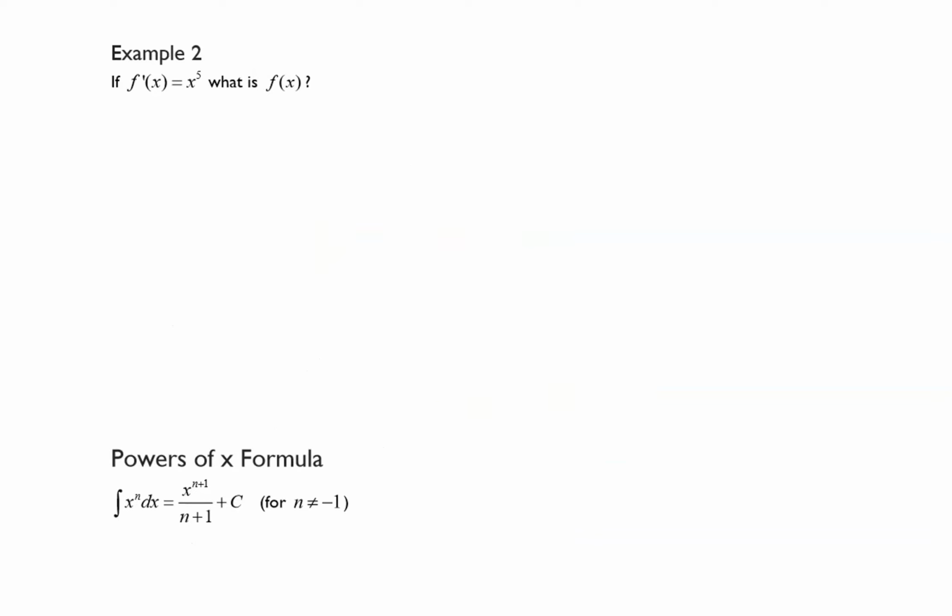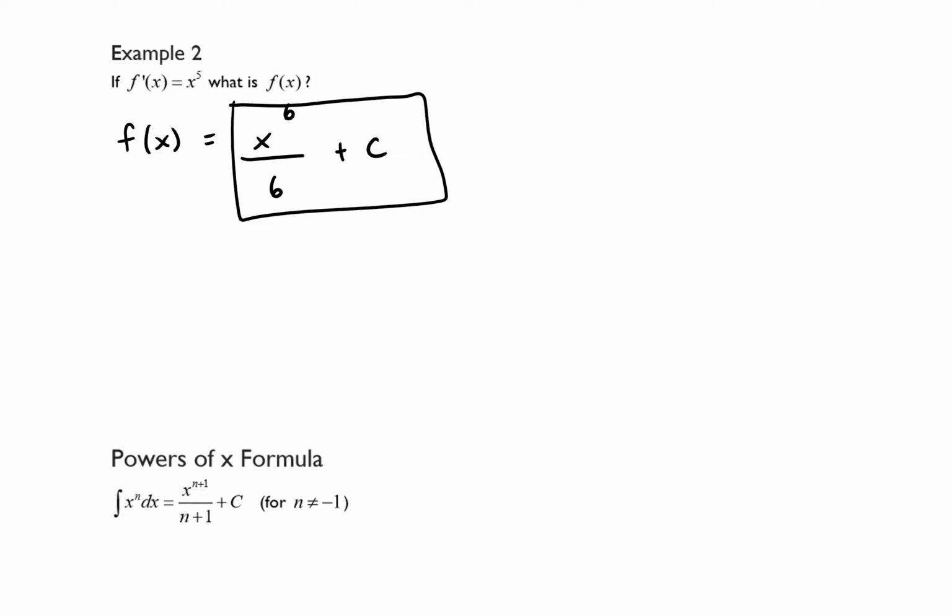Example 2 says, if f prime of x is equal to x to the 5th power, what is f of x? So f of x, we are going to increase the power by 1, and then divide by that new power, and then can't forget our constant of integration. And let's just take the derivative to verify.